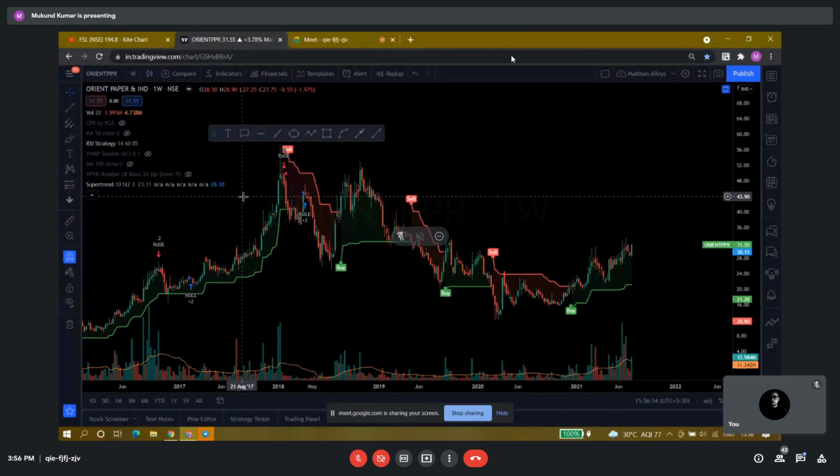I have researched this Supertrend buy sell signal and I don't find high accuracy in it, so I don't follow this indicator.